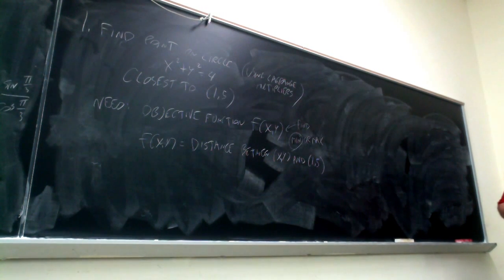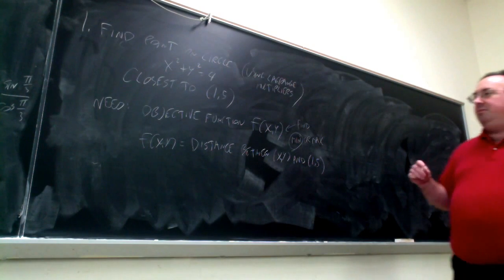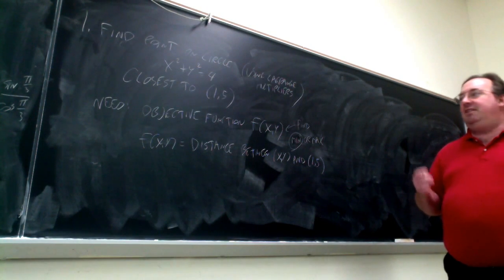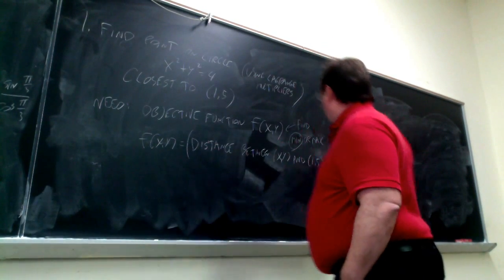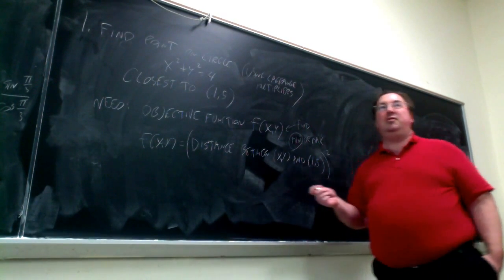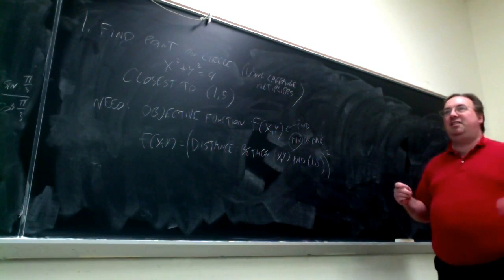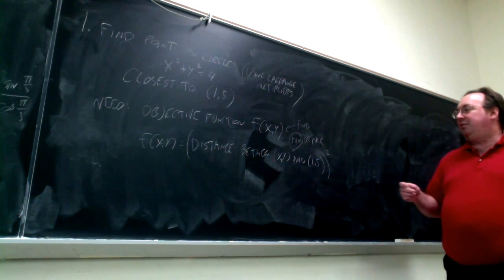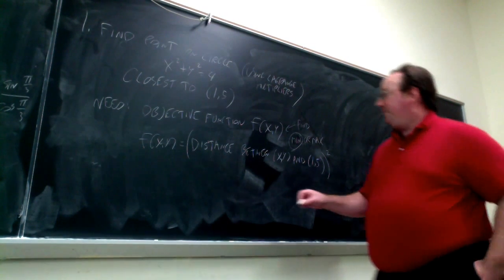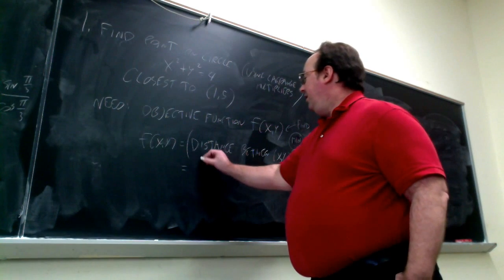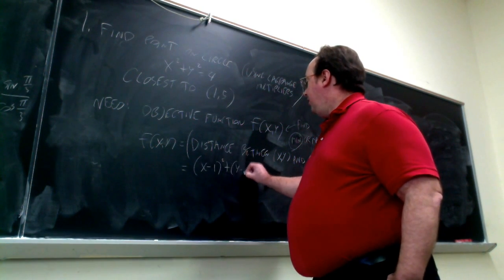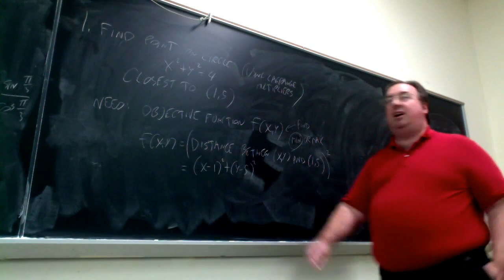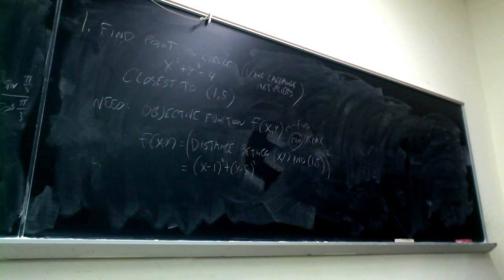Just for convenience, if you're trying to minimize distance, it's equivalent to minimize distance squared. So that's what I'm actually going to use for my f, just to not have to deal with annoying square roots. So what you would get is x minus 1 squared plus y minus 5 squared. So that is the objective function. That's what we want to make as small as possible.